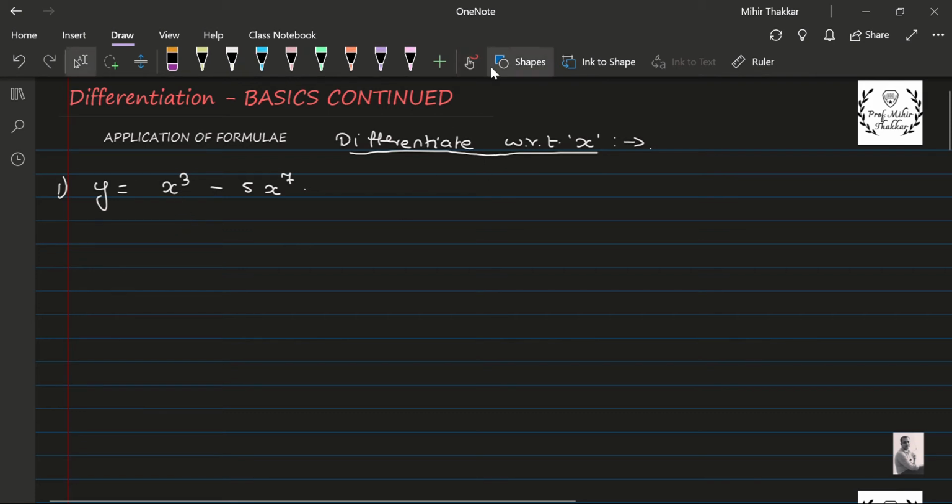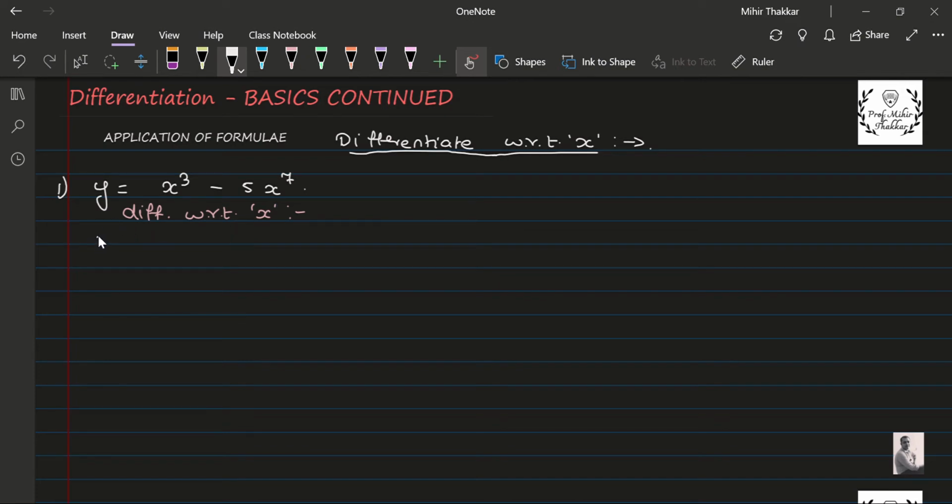Okay, so let us understand. We have to say over here, differentiate with respect to x. We have to write this always in all the sums whenever we want to find the derivative.